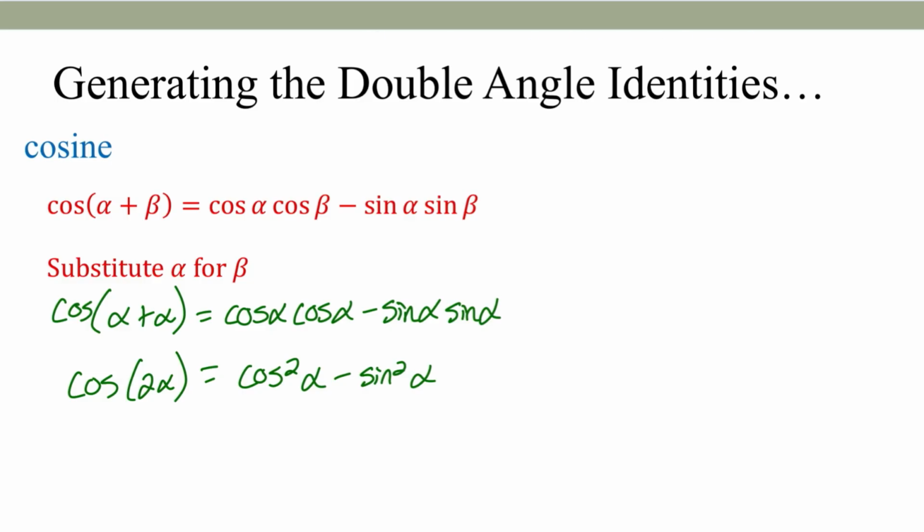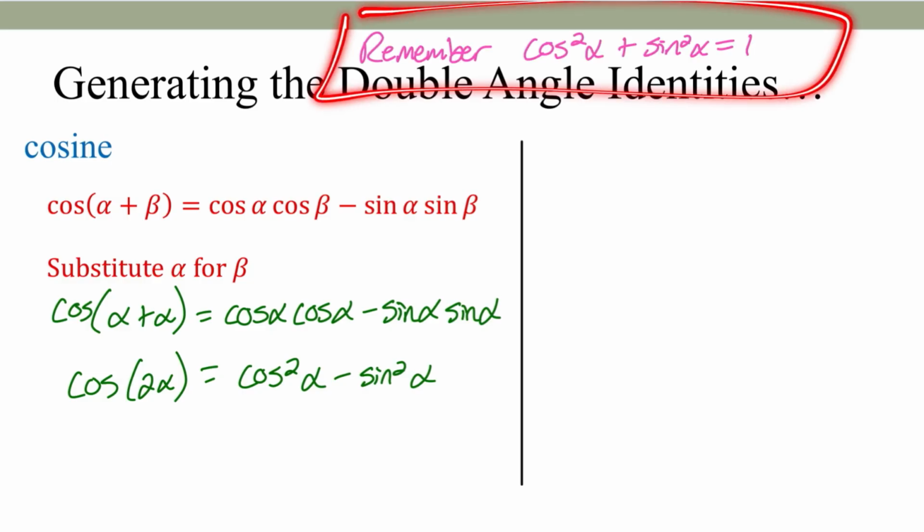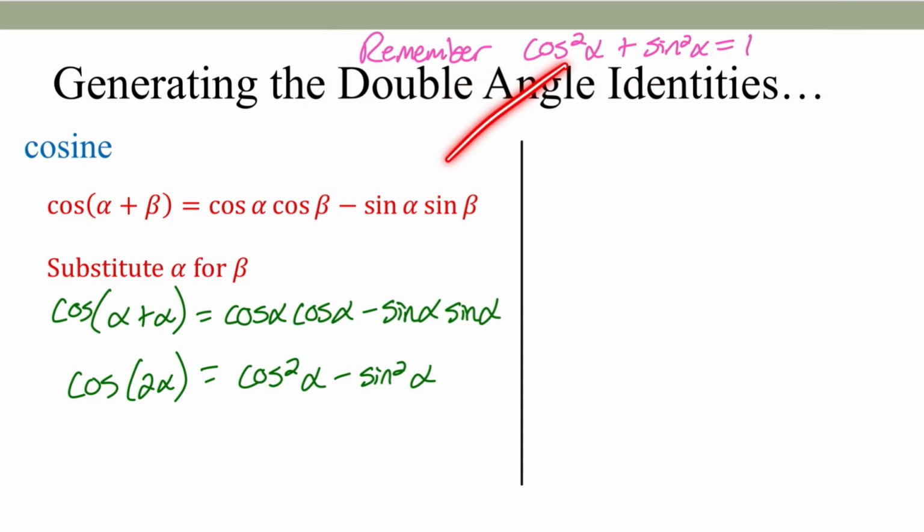But wait, there's more. Remember the Pythagorean identity that cosine squared plus sine squared is equal to 1, which means I can substitute the cosine squared alpha here with 1 minus sine squared. So cosine of 2 alpha is going to be 1 minus sine squared alpha minus sine squared alpha.